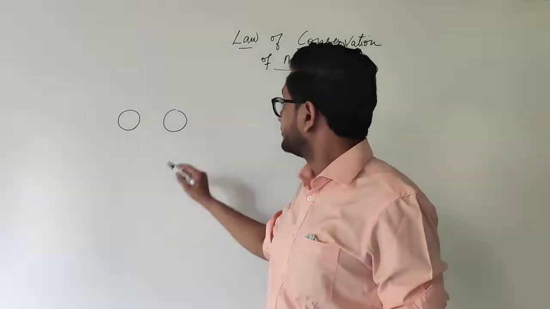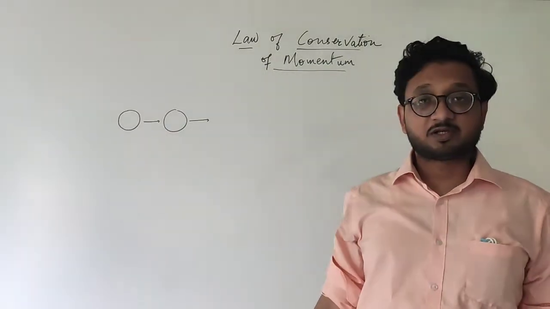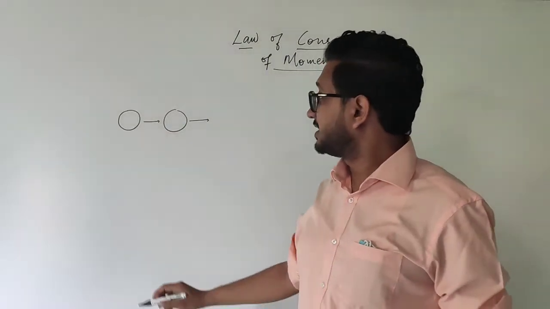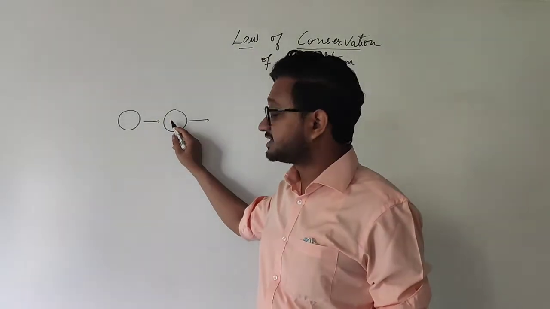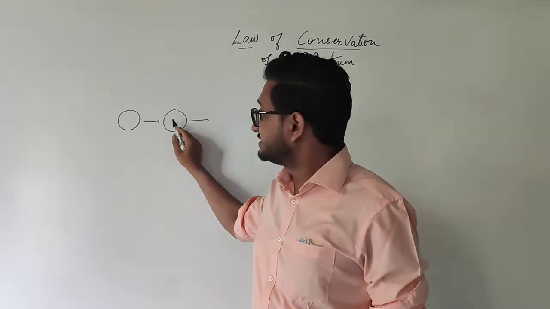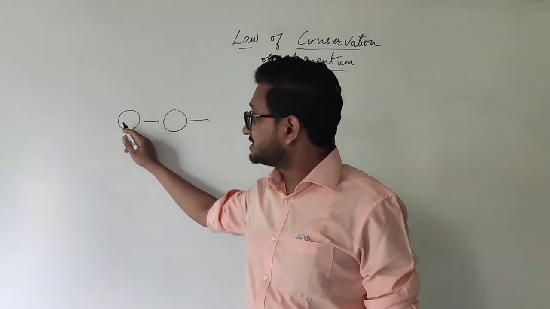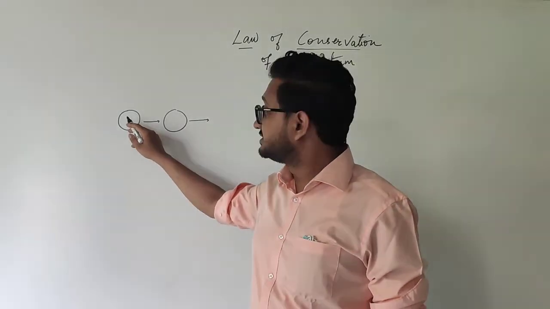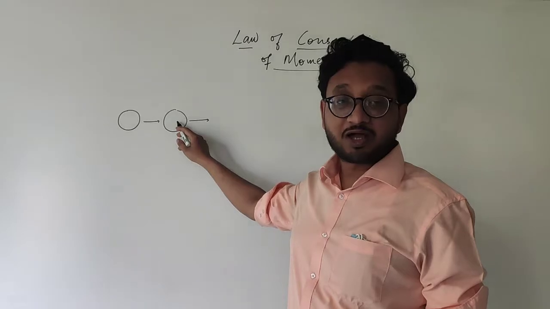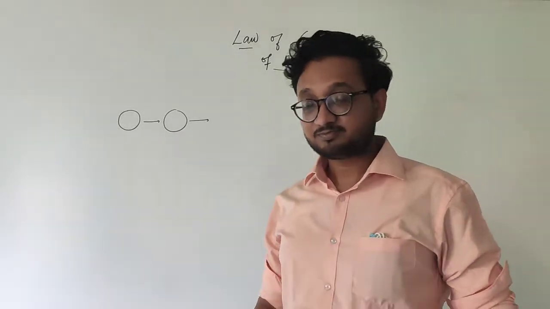These two are moving in the same direction. They both have different velocities, but the velocity of this object is more than the velocity of this object. That means this is a slower object and this is a faster one. So at some point this object is going to collide with this object.